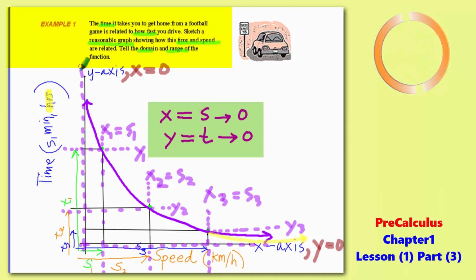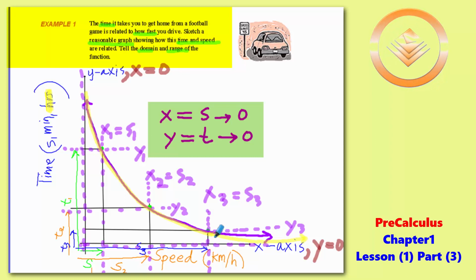Now, as you can see, the graph is approaching x is equal to 0. It approaches 0, but it's not going to be equal to 0. And this one will be approaching y is equal to 0, but will not be equal. It's approaching but will not be equal to y is equal to 0. Now, why is that so?